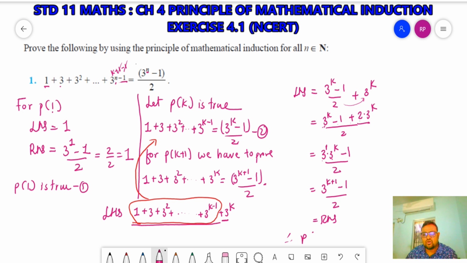Therefore, P of k plus 1 is true. And how we came to this result? By using equation 2 here, right?